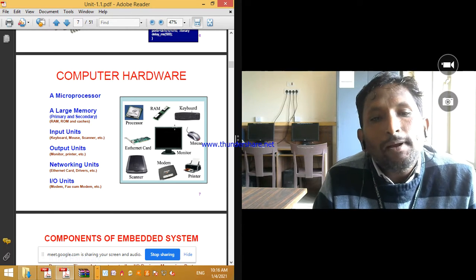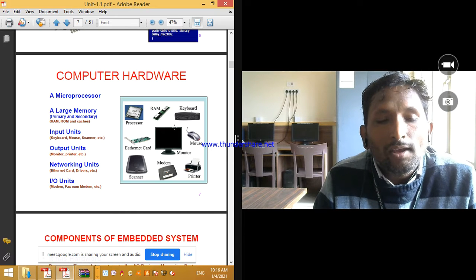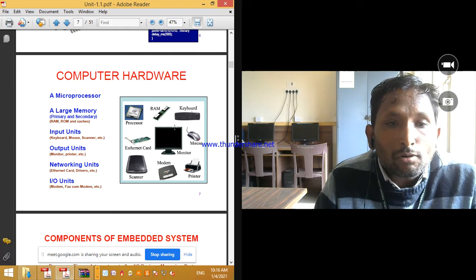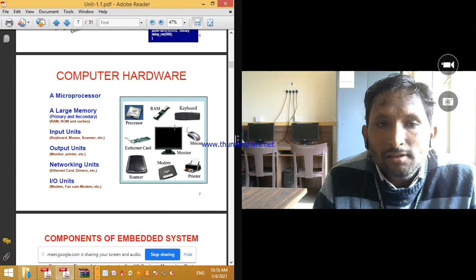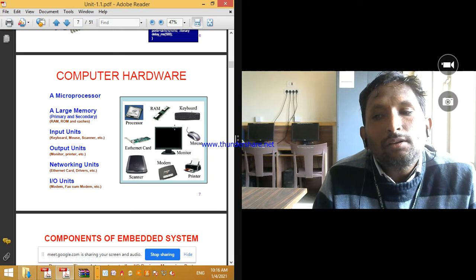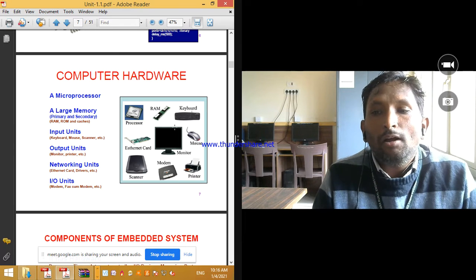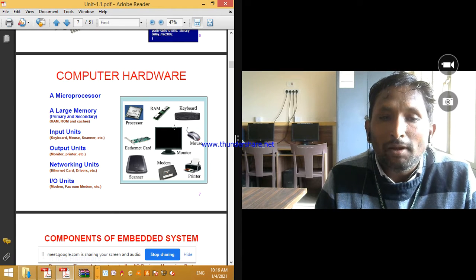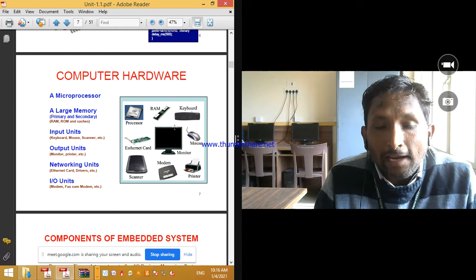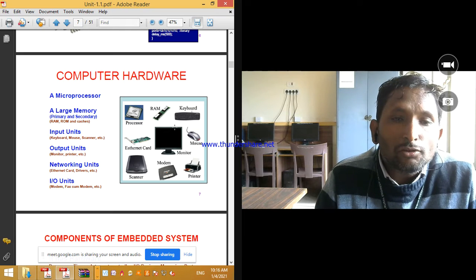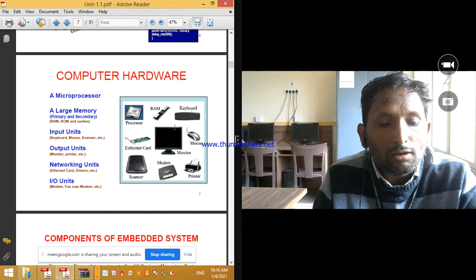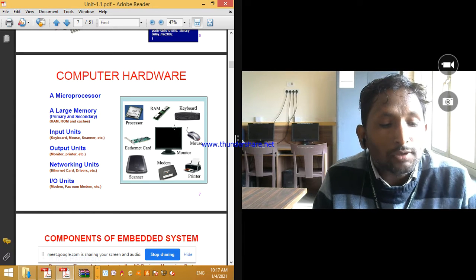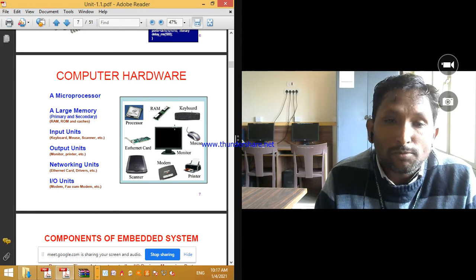The second part, which you can easily see over here, is a large memory, primary and secondary: RAM, ROM and caches. These are the memory systems which we use in our embedded system. RAM, ROM is the primary memory. Hard drive is the secondary memory. Most of the time, to execute programs on the embedded system we require only the primary memories. So RAM and ROM are the important hardware parts of embedded systems.